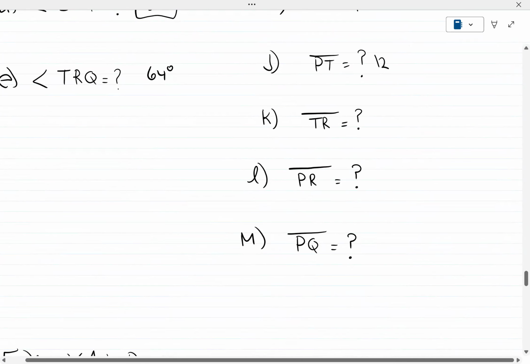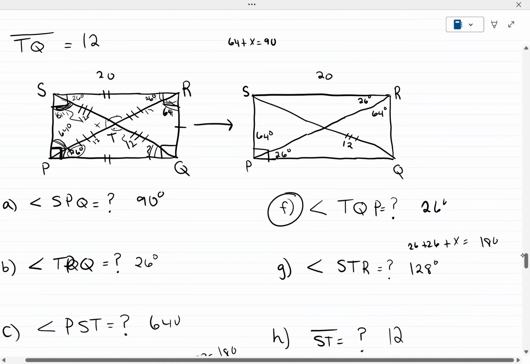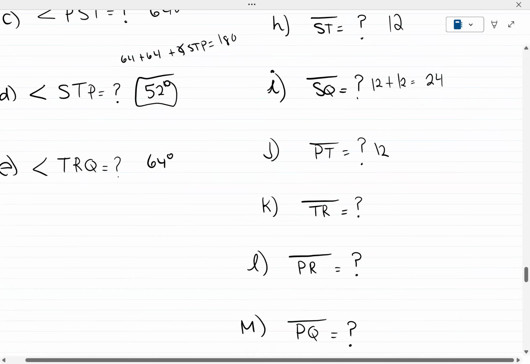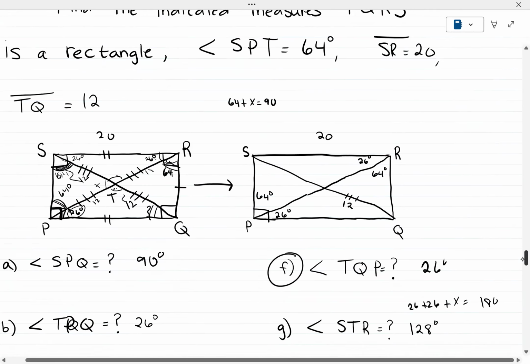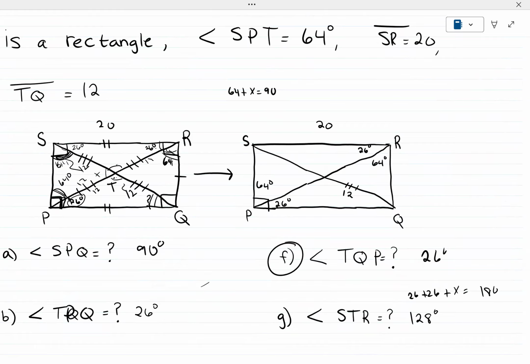What about the length of TR? That's also a diagonal, so that should be 12. What about the length of PR? Here's P, here's R, so it's this entire diagonal, so 12 plus 12 is 24.